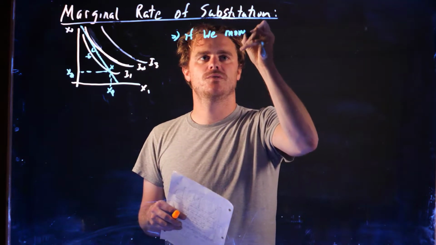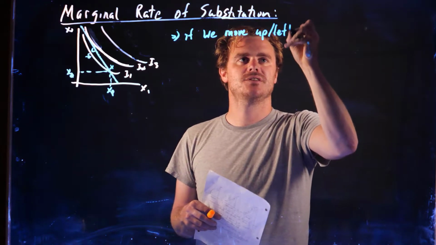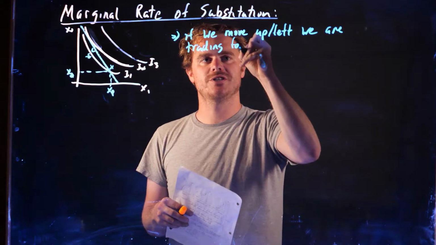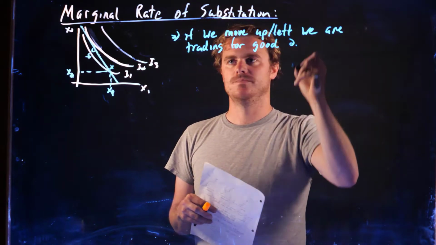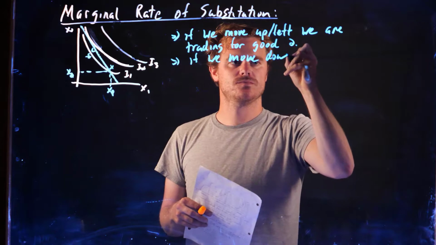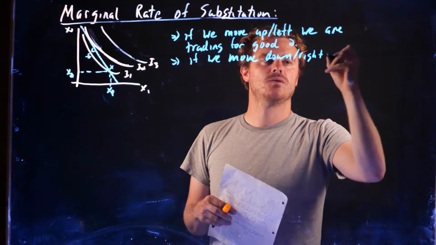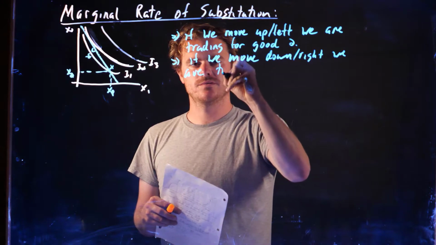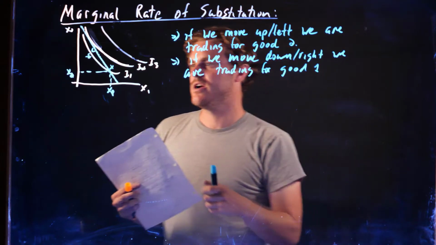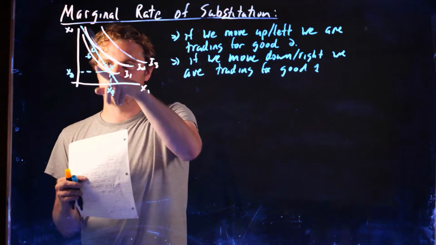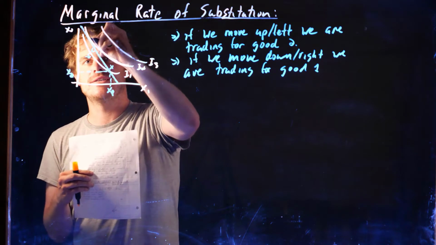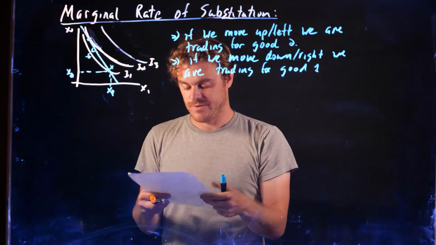If we move down and right, we are trading for good 1. So if we're at X and we offer this exchange rate of negative E, the consumer is going to start trading for good 2 because they could get to this higher indifference curve way up here. So they would trade.